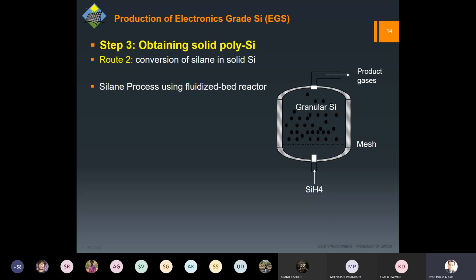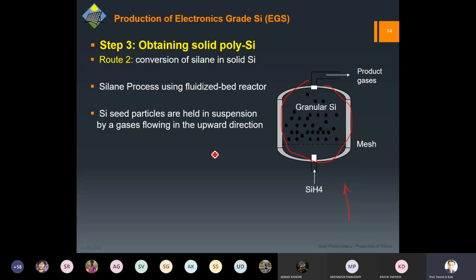You can see here the silane enters from the top, and then there is a kiln or something, and the silicon seed particles are already there. But you can see that the silicon seed particles are absolutely small. The gas flow is adjusted such that these seed particles remain in the air.